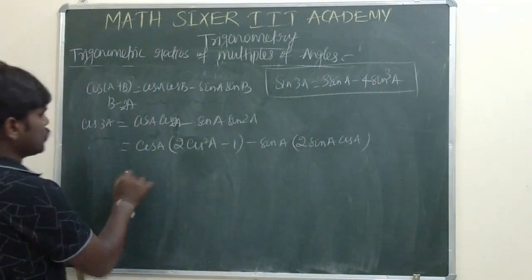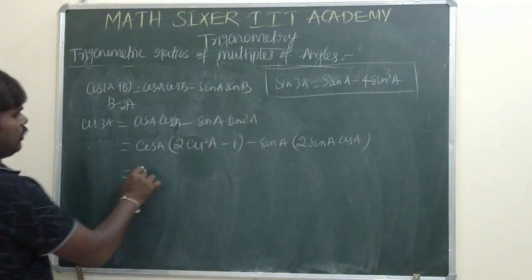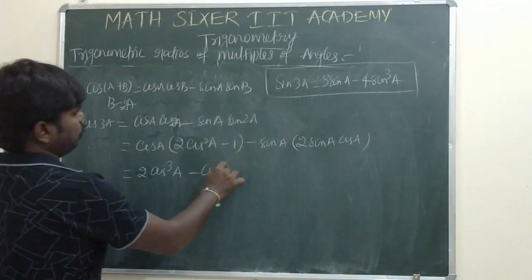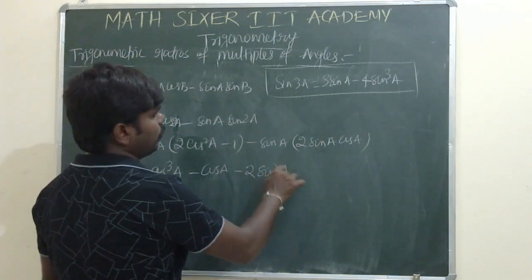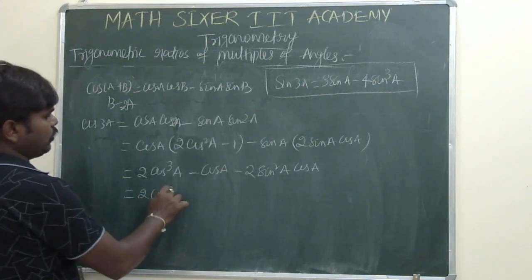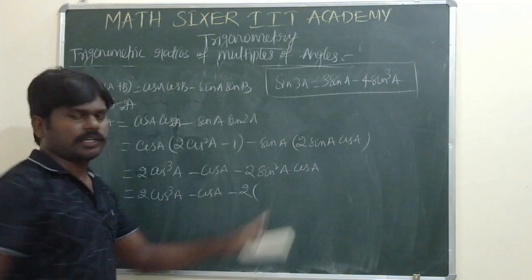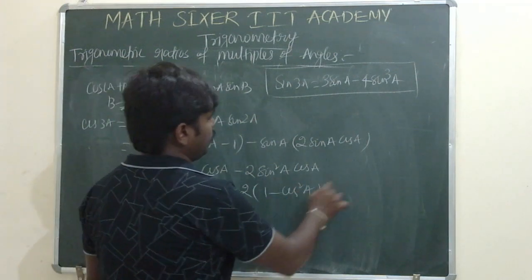So here 2 cos a into cos square means 2 cos cube a, minus cos a, minus 2 sin square a into cos a. So 2 cos cube a minus cos a minus 2 into, expressing sin square in terms of cos square, 1 minus cos square a into cos a.